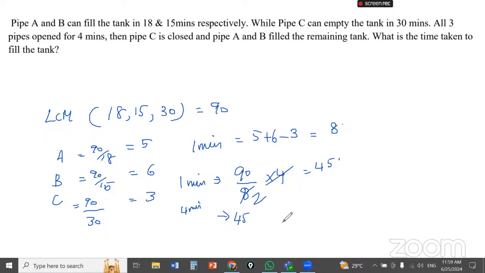The remaining is 90 minus 32, that is 58 liters. This remaining tank has to be filled by A and B together. A and B together is 5 plus 6, that is 11. So 58 upon 11. So we get this to be 5, 3 by 11. That's how we get it.